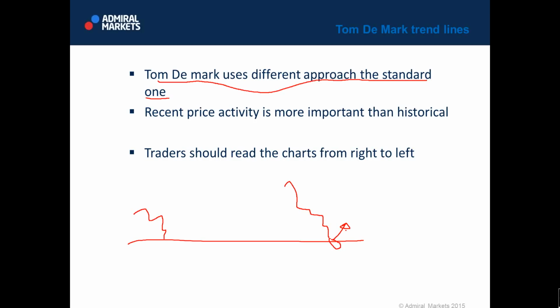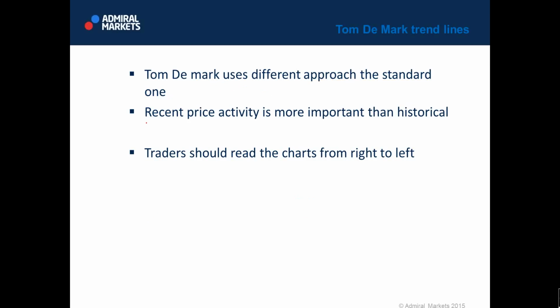But now, for the course of this webinar, everything which I will be telling you will be from the perspective of Tom DeMark. So please pay attention to this. I'm not saying that that is my opinion, I'm just passing on the knowledge of Tom DeMark. So he says that recent price activity is more important than historical.